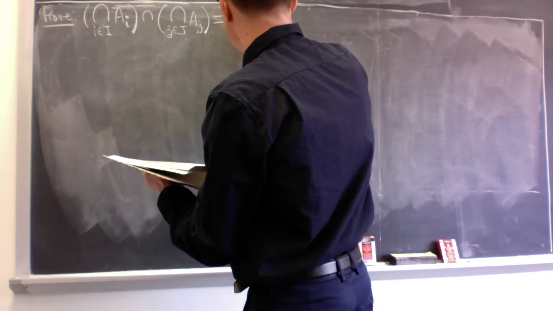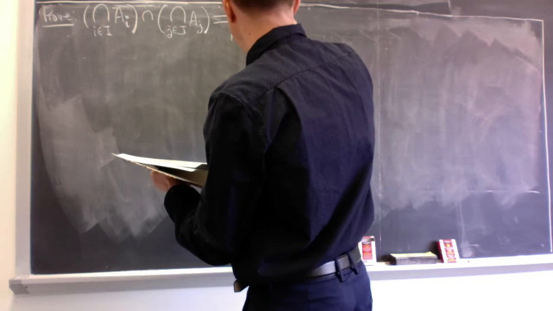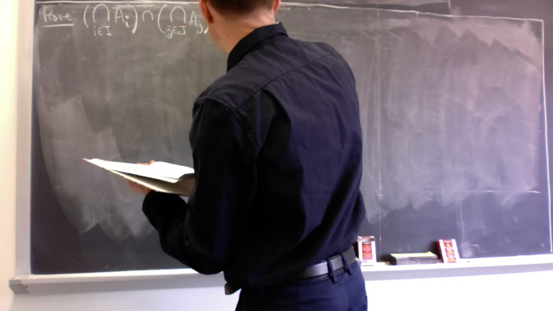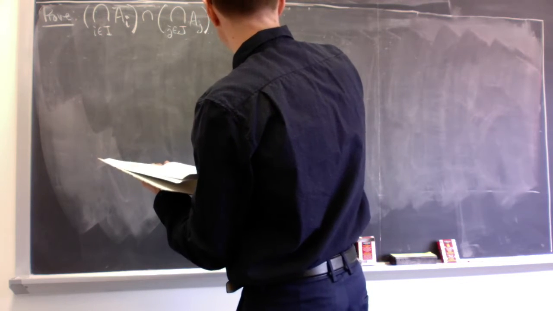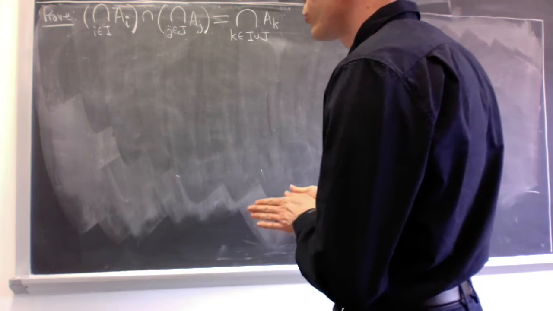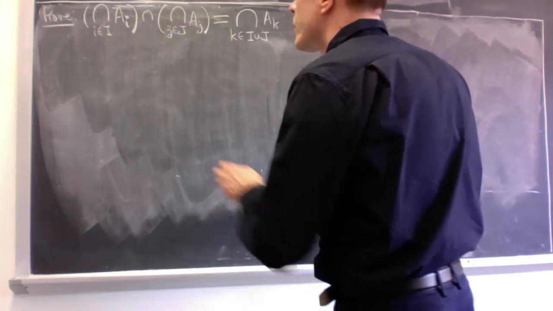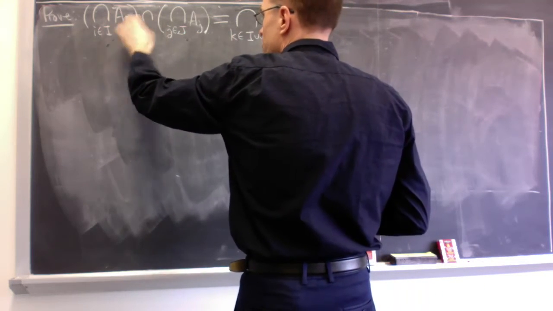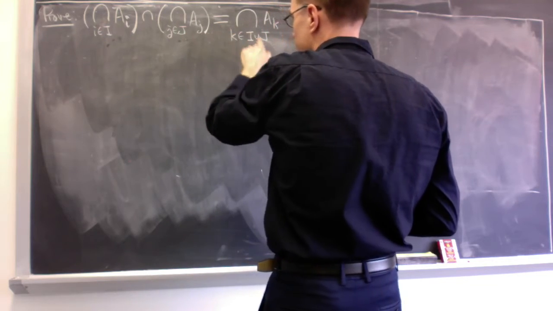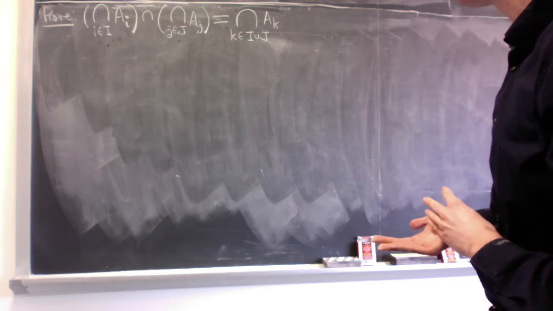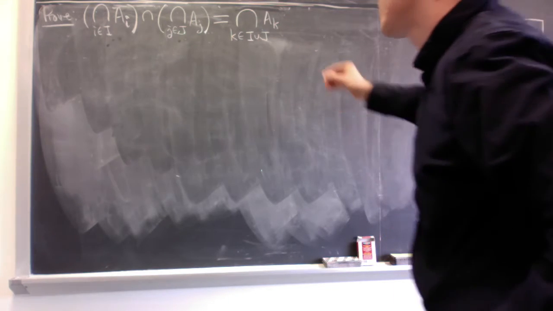And the weird thing is the answer you get is another general intersection, but the new index set is actually the union of I and J, not the intersection, which may or may not be what you thought it would be. But that's what happens when you take the intersection of two intersections. You can write that as a single intersection over a new index set. Okay. So let's look at how that works.